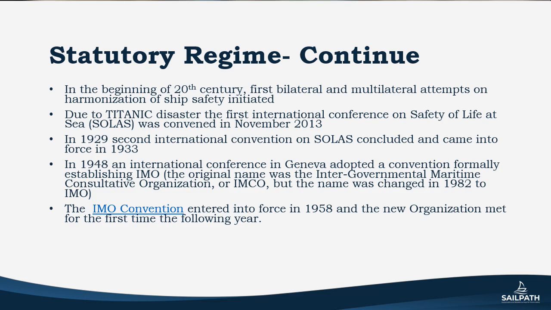In 1948, an international conference in Geneva adopted a convention formally establishing IMO. The original name of IMO was IMCO, the Intergovernmental Maritime Consultative Organization, but the name was changed in 1982 to IMO. The IMO Convention entered into force in 1958 and the new organization met for the first time the following year.